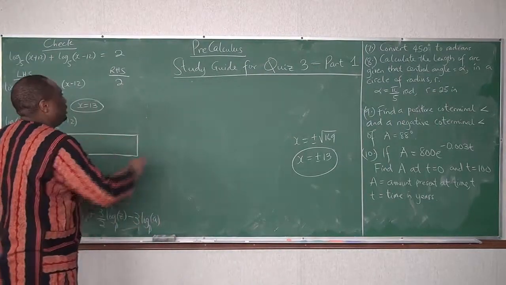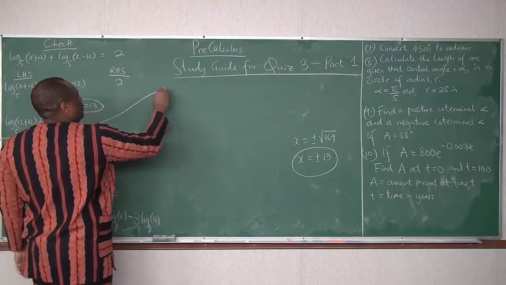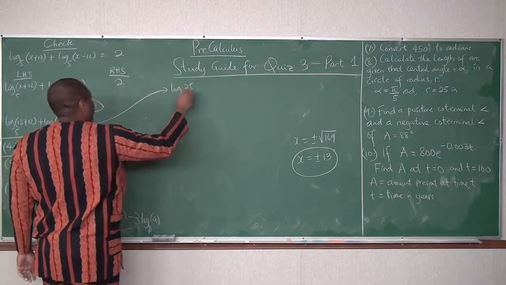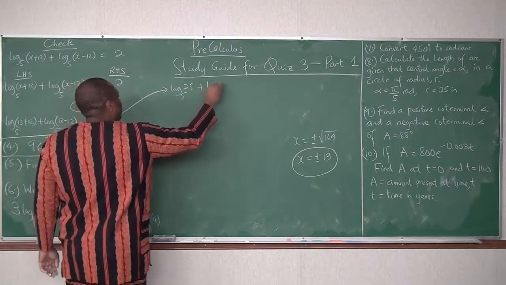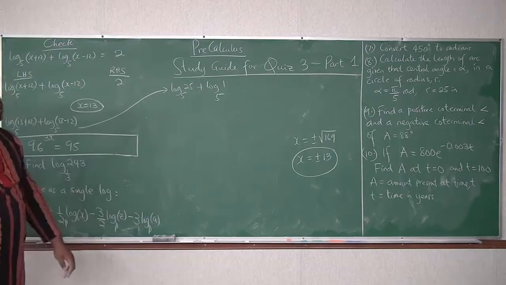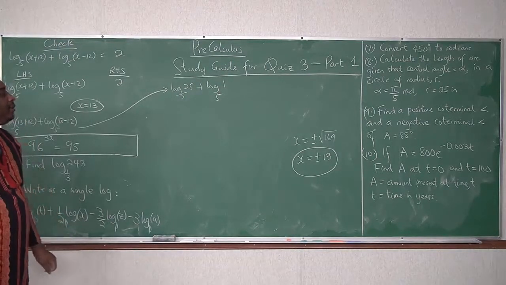So this will be log 25 base 5 plus log 1 base 5.